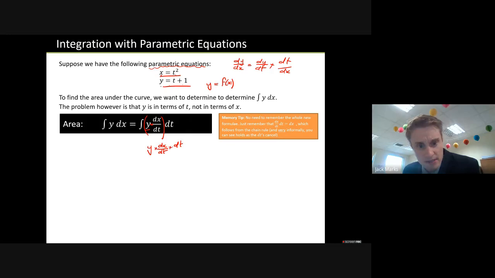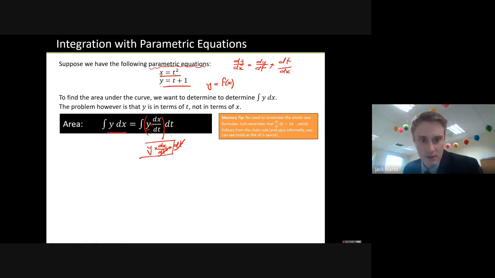If I write it like this, you might be able to see how actually they're the same thing. But the idea is we can do this indirectly, because this is about integrating what y is with respect to x, where y is in terms of x. So this talks about there not being any t, whereas we have x and y in terms of t. So to reflect that, this is the way that we can go about it.